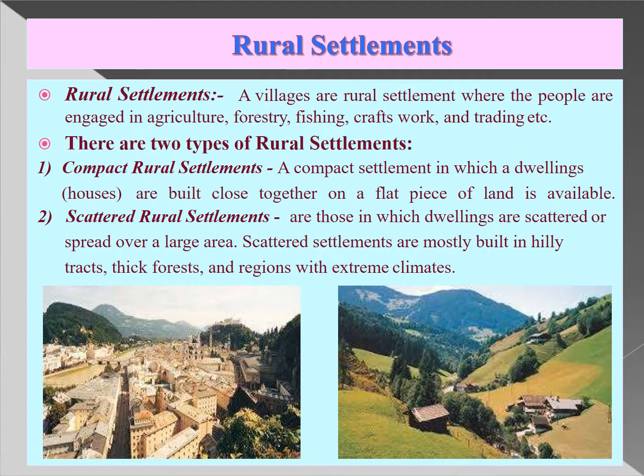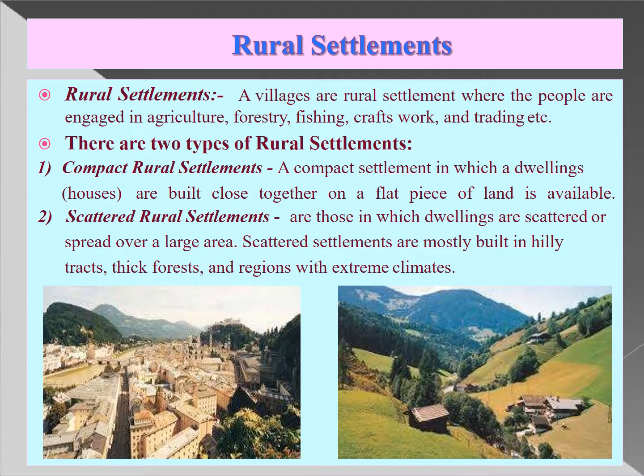Then we will understand what is a rural settlement. A rural settlement means the villages, where the people are engaged in agriculture, forestry, fishing and so on. And there are two types of rural settlements. The first one is compact rural settlement and the second one is scattered. Compact rural settlement is one in which the houses are built very close together on a flat piece of land.